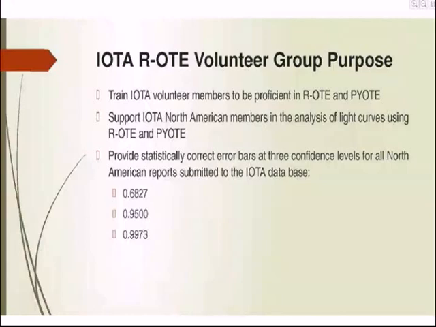Then the idea is to support the IOTA North American members in the analysis of light curves using either of those two programs. And the key thing is that Steve Preston had asked that error bars be reported at 3 different confidence levels, and R-OTE right now is the only program, and IOTA will be another program that can produce all 3 of those confidence levels in a statistically valid format.